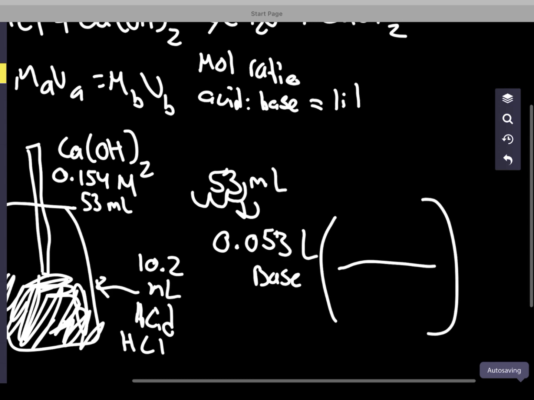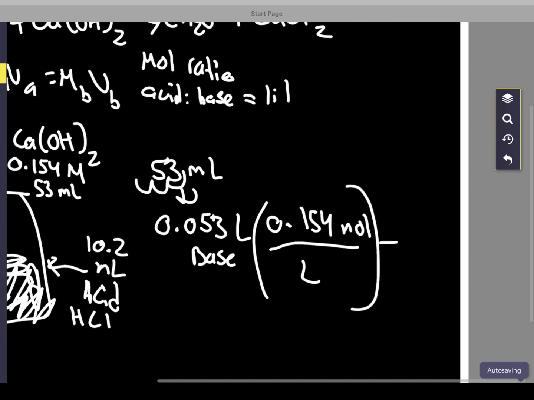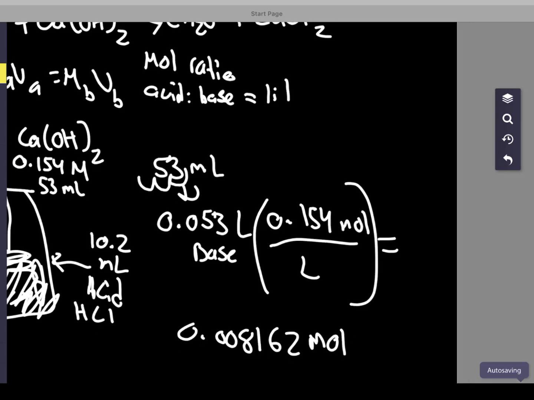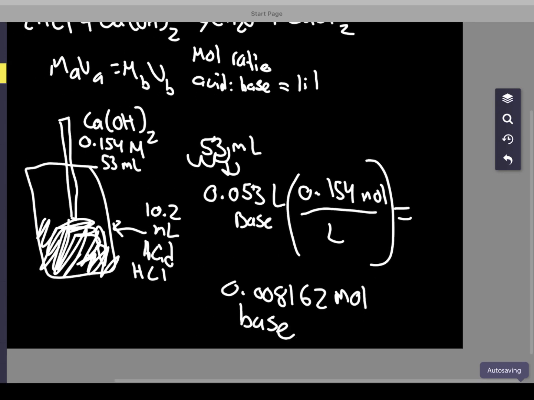So in this case, we have molarity, that's 0.154 moles for every liter. So if you put this into your calculator, you're going to get 0.008162. I'll round at the end. So you have this many moles of base.